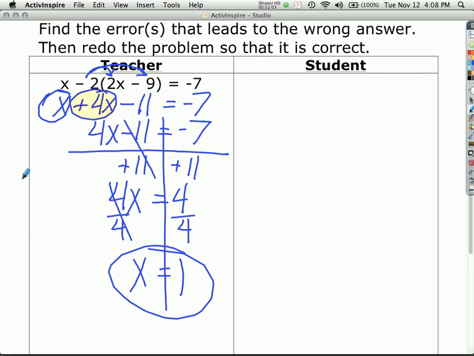Okay, go ahead. And then it wasn't addition, it was multiplication, so it would have actually been minus negative 18. So I got negative 2 plus negative 9 is negative 11. No, 18.